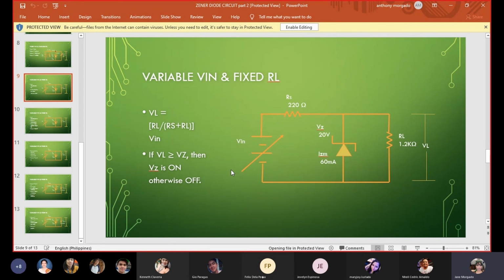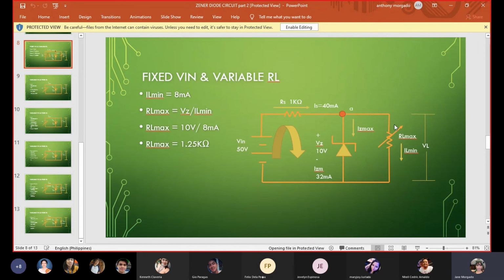We actually have three circuits. This is the third one. Fixed input and fixed RL. The second, the one we did earlier, is fixed input and variable RL. The third is variable input and fixed RL. We cannot do this in the activity because you have no variable supply at home. But I think you can find a way, with a potentiometer. You can buy one for around 25 pesos.